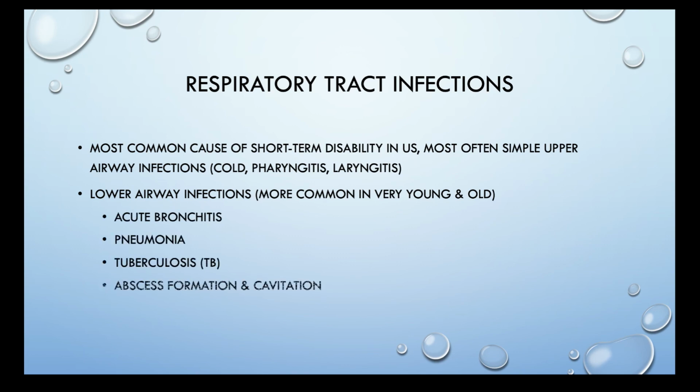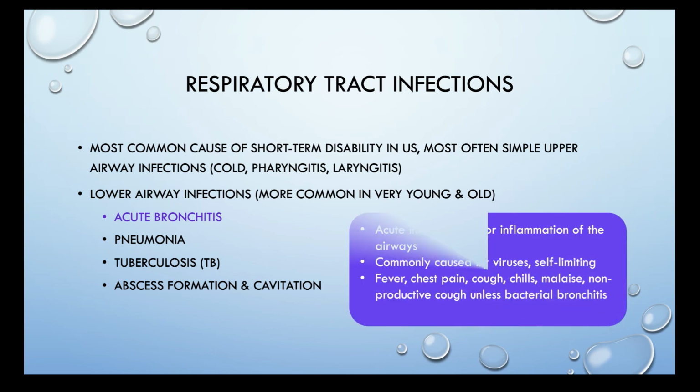So with our infections here, our most common ones are acute bronchitis, pneumonia, tuberculosis, and abscesses. Yuck. Our acute bronchitis is an acute infection, as would be obvious. It's commonly caused by viruses and is self-limiting. So you work it through, like our COVID-19.